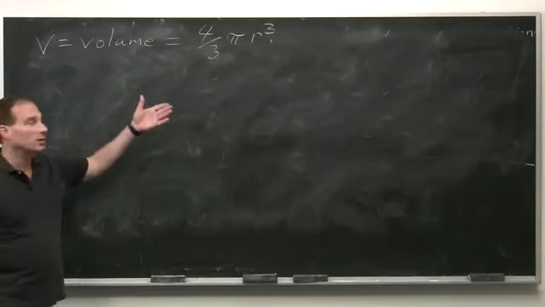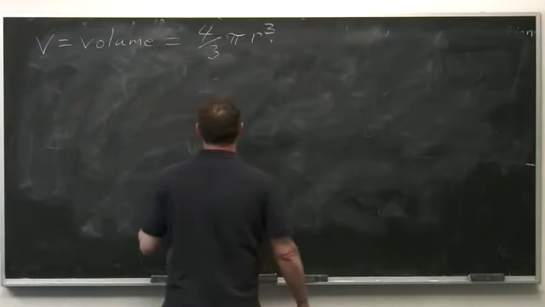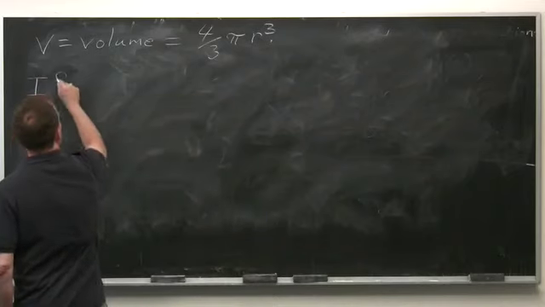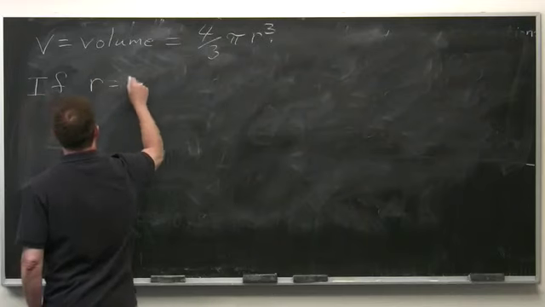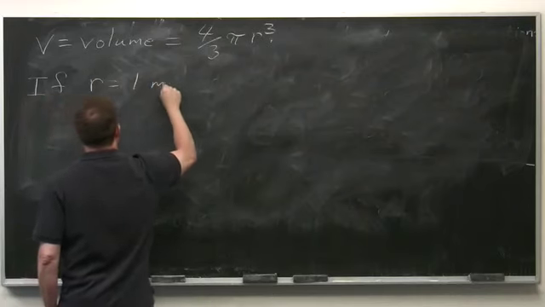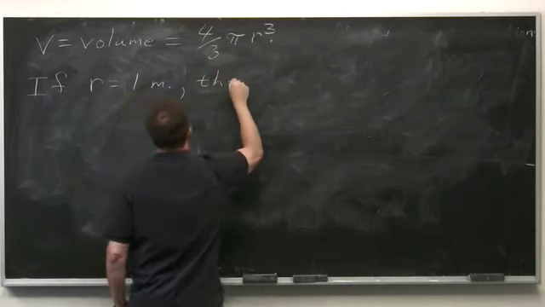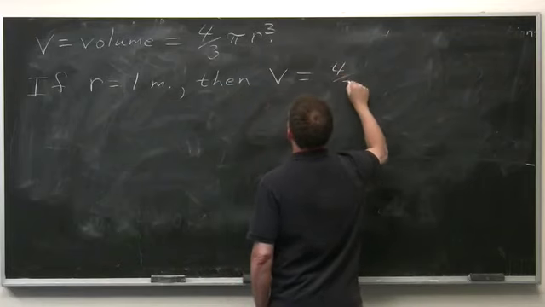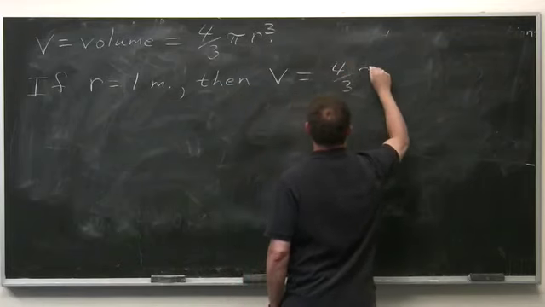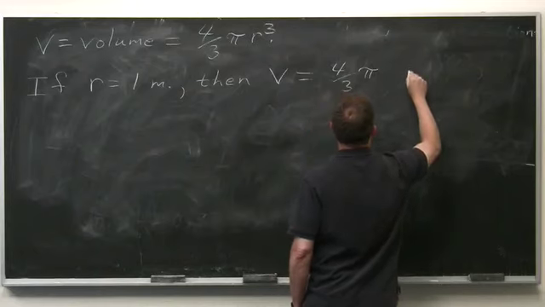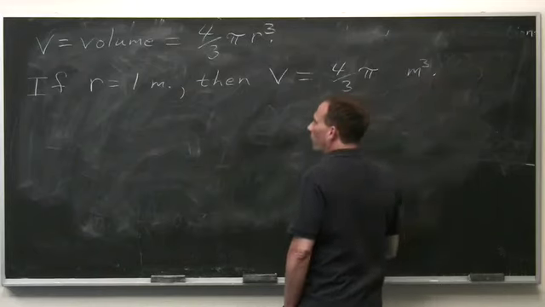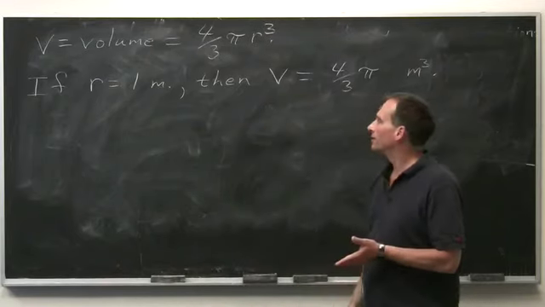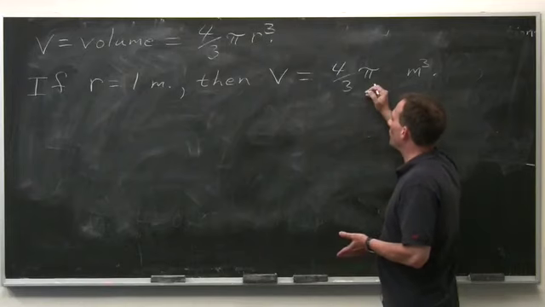The volume is this. And if we knew that the radius was exactly 1 meter, then V would be exactly 4/3 pi times 1 cubed, exactly 4/3 pi cubic meters. But we don't know that r is exactly 1 meter. So we don't know the volume is exactly this.